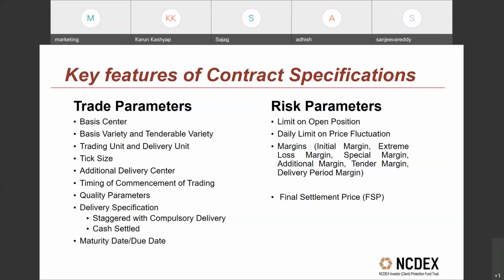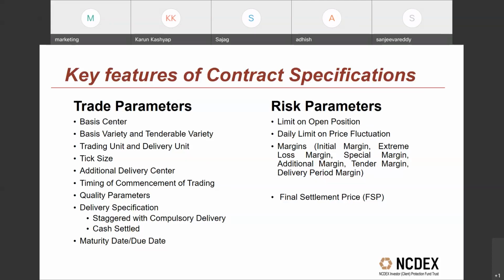Then we have trading unit and delivery unit. Trading unit is the unit size in which we trade futures contracts, like for chana, it's a 10 MT contract. So 10 MT is the trading unit, and delivery unit is the minimum quantity if you want to take delivery of the commodity.